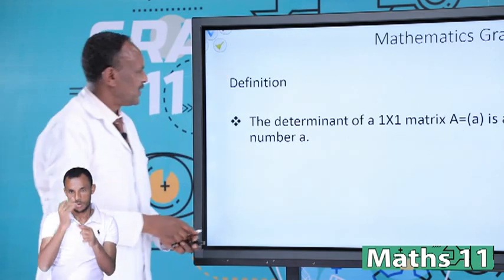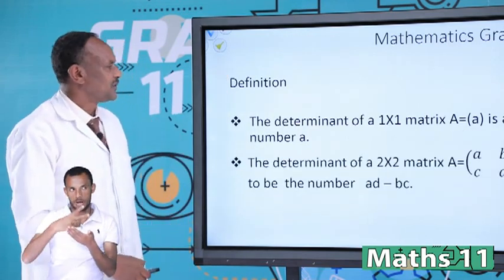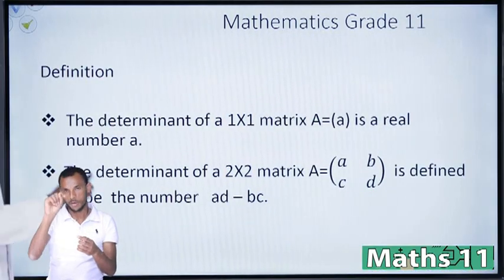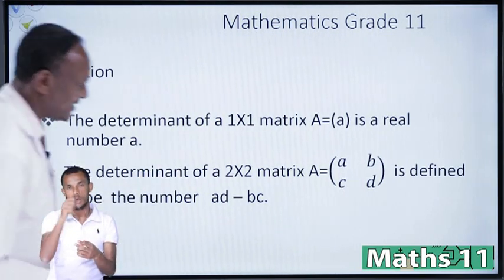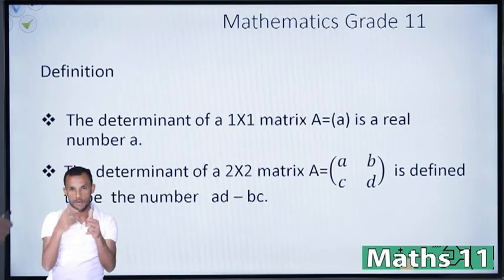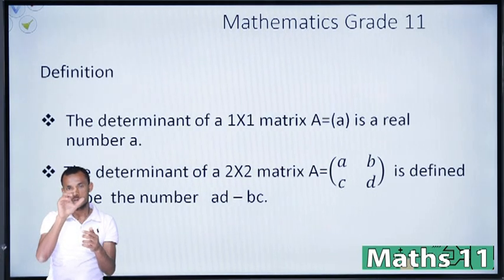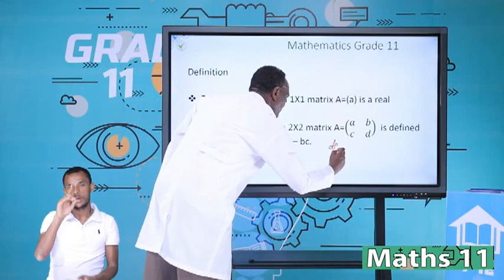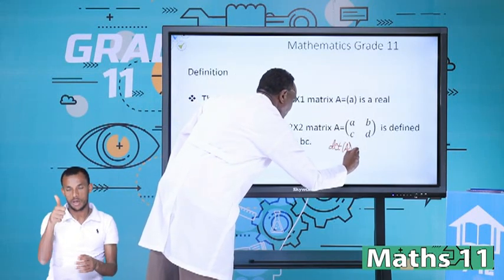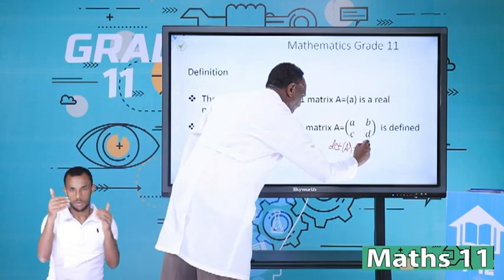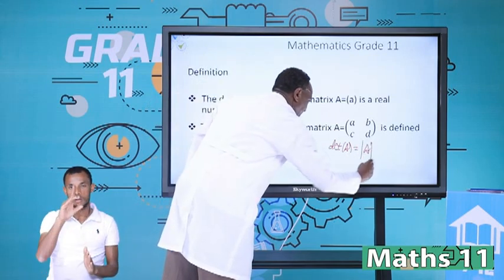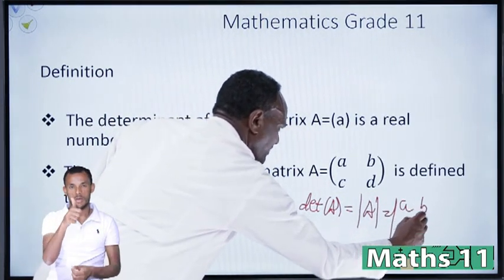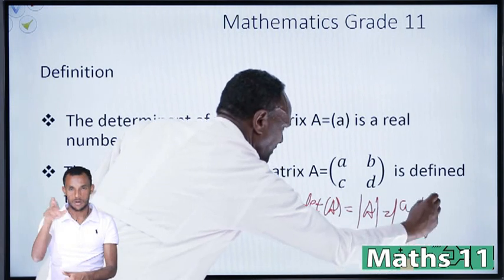Second, how to find the determinant of a 2 by 2 matrix. When you are given that A is a matrix, with a b in the first row and c d in the second row, it is defined to be the number ad minus bc. What does it mean? The determinant of matrix A of order 2 by 2 can be represented as the determinant of a b in the first row, c d in the second row.